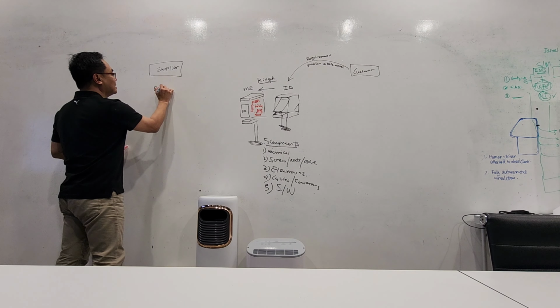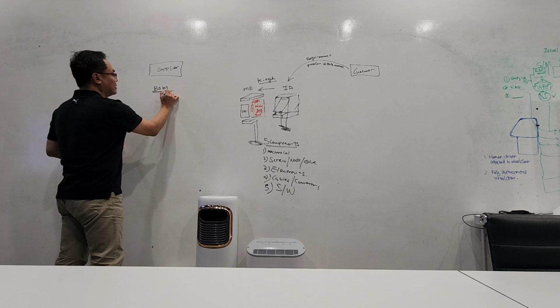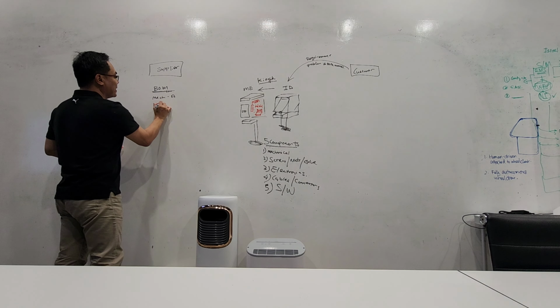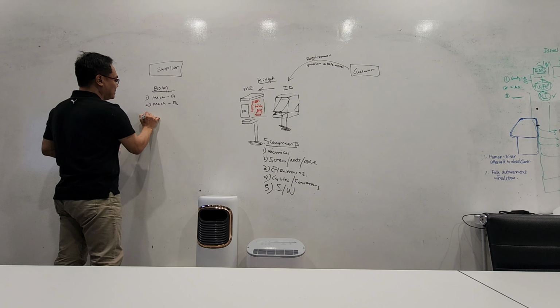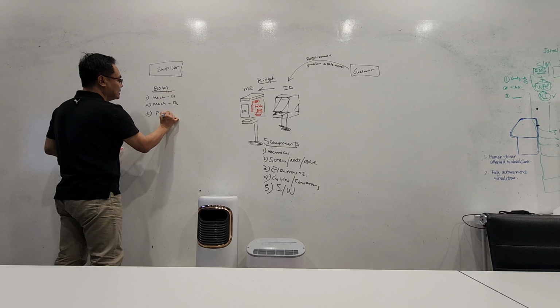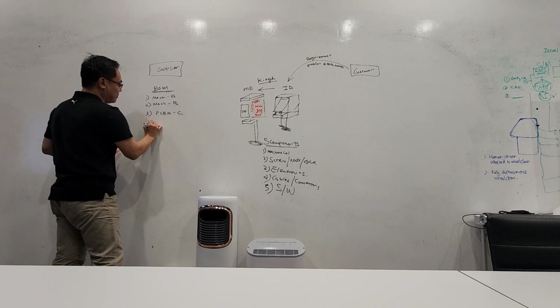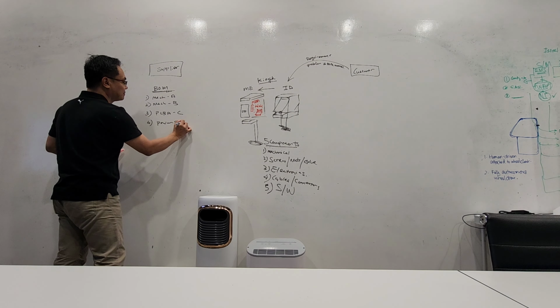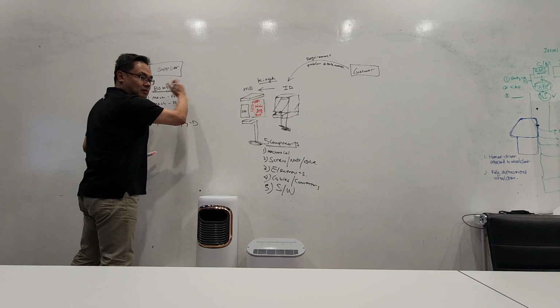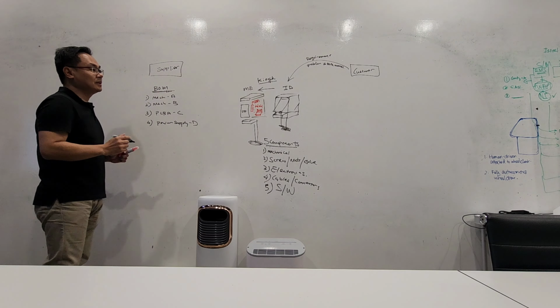Then what is needed here is that we have a BOM. Once you have a BOM, you may have a mechanical A, mechanical B, and then you may have a PCB C, and then you may have a power supply D. So this is what I call the supply chain management.